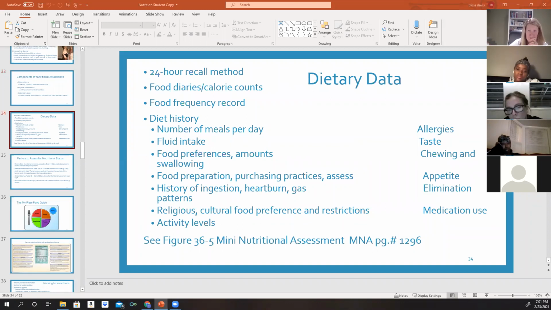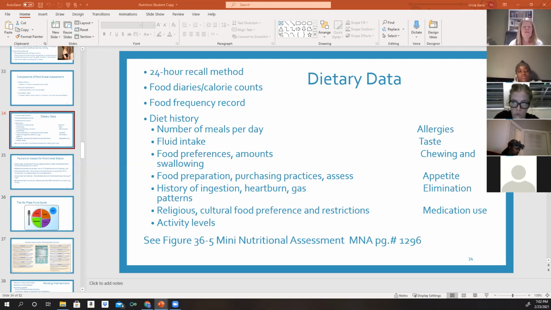So when you want to get information from them about what their diet looks like in a day, you can, like I said, have them do a 24-hour recall. So that's going to include their calorie counts. Ask them to make a food diary and a food frequency record. Make sure that we are asking questions that are geared so that the patients will be able to give us good information about how they ate in the past and how they currently eat, so that we can really try and take a look at their food intake patterns.